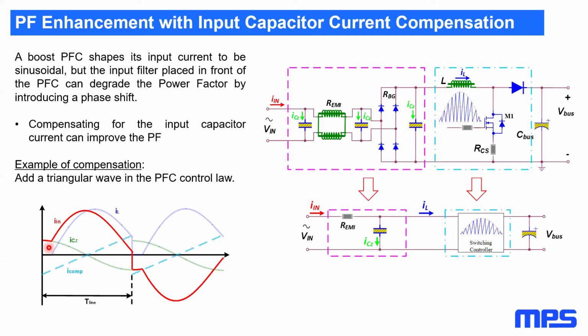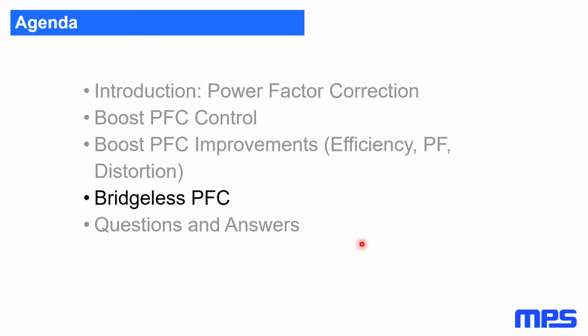And the resulting IL current at the input is purposely out of phase, so that once adding the current in the capacitor, the IN current becomes in phase with the voltage. So this is some sort of a feed-forward compensation to compensate for this.